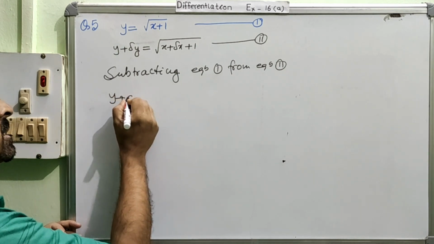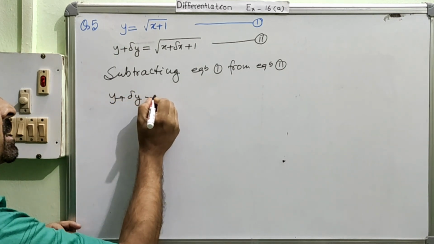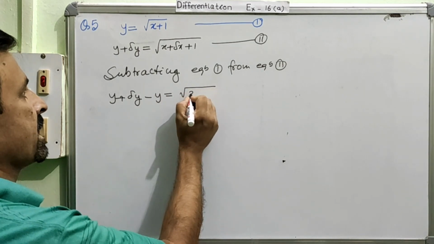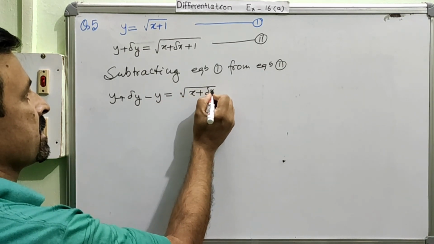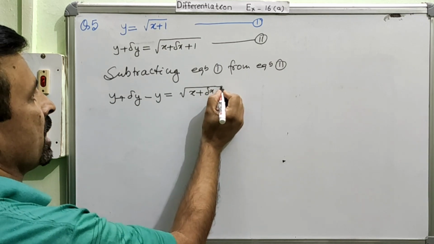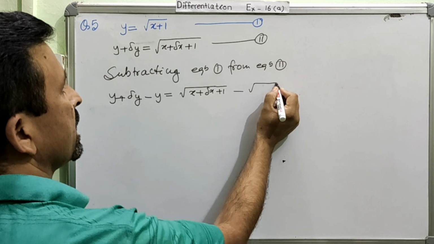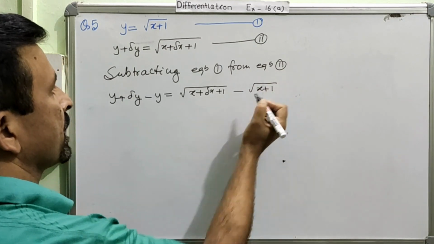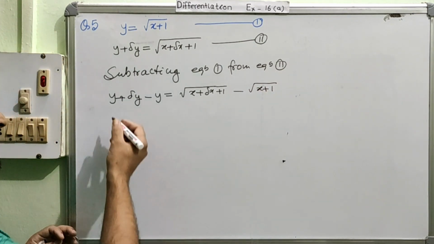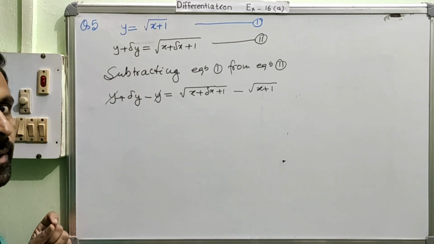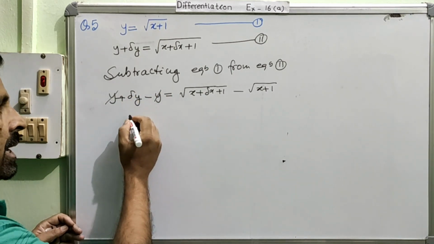Y plus delta y minus y is equal to root over x plus delta x plus 1. This is all under root, right? And then minus root over x plus 1. Clear? So by subtracting we cancel this y, and then in the next step we divide it by delta x.